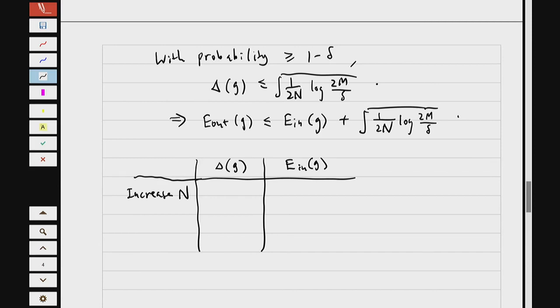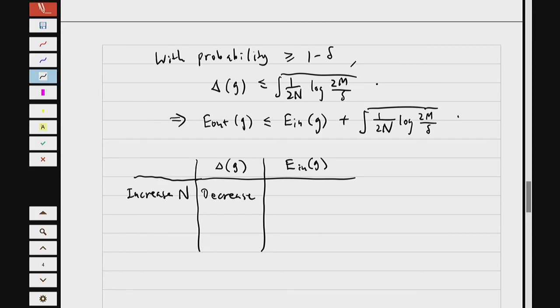Delta G, of course, if we increase N, then delta G, the generalization error, goes down, right? The more training data points you have, it turns out that your training error and test error become closer, so it decreases.